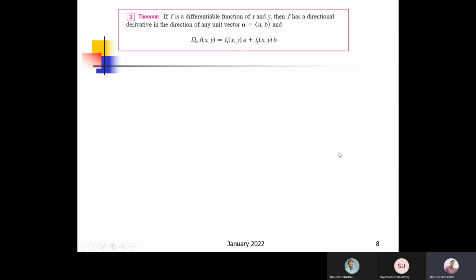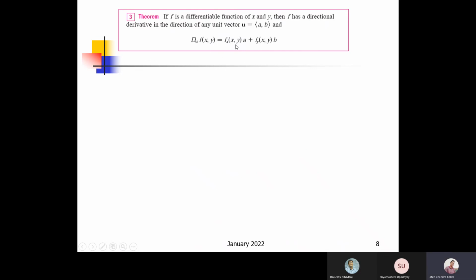Although this looks pretty straightforward, in fact, it is not. So I'll just try to prove this theorem. If f is a differentiable function of x and y, then f has a directional derivative in the direction of any unit vector u equal to (a, b), and the directional derivative, that limit, becomes this.